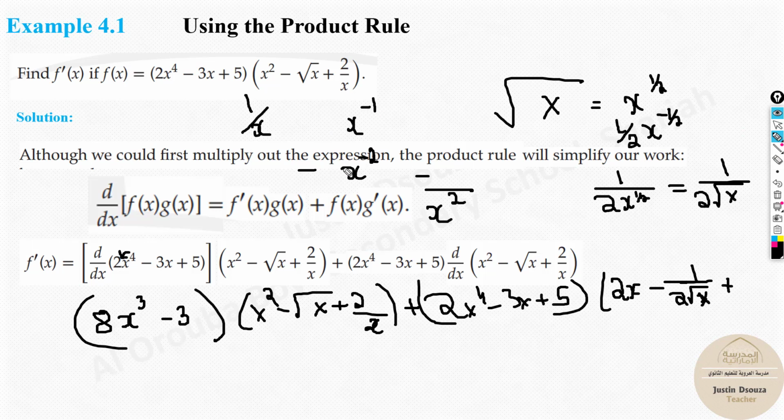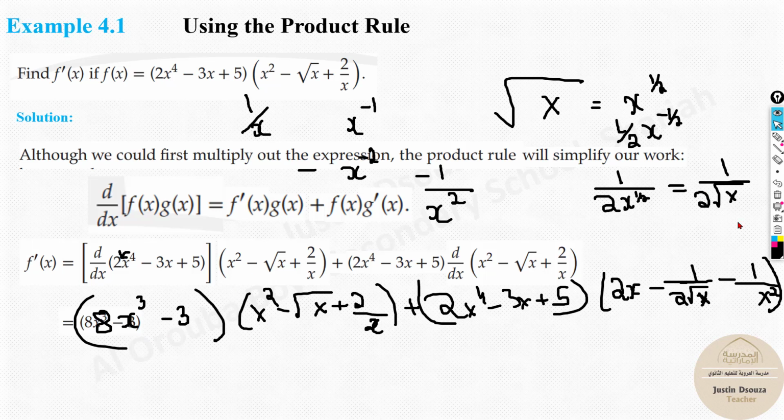This minus comes down, x power negative 2, because minus 1 minus 1. And this would be minus 1 by x squared. So you can directly write this. You can learn this by heart also. Instead of plus, this becomes minus 1 by x squared. This would be the final answer.